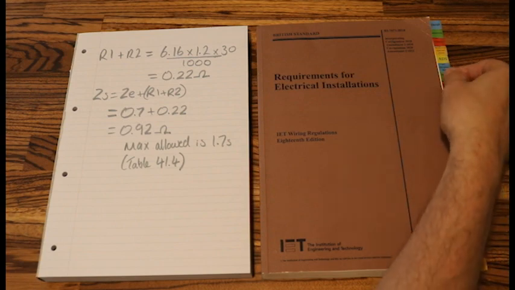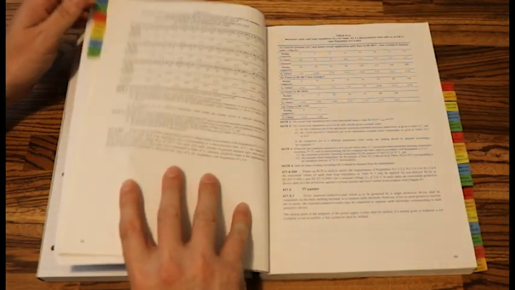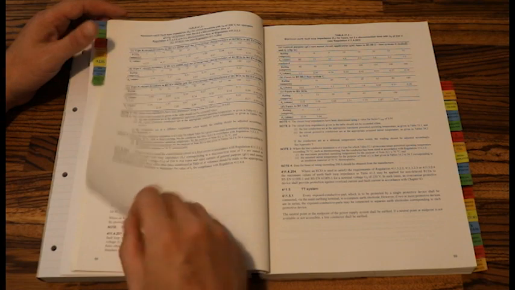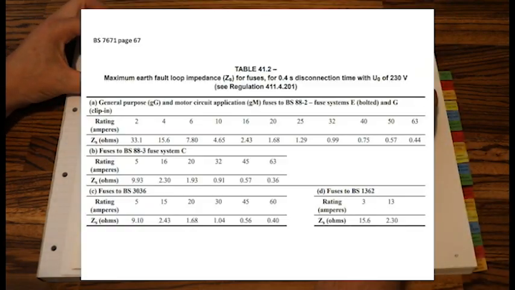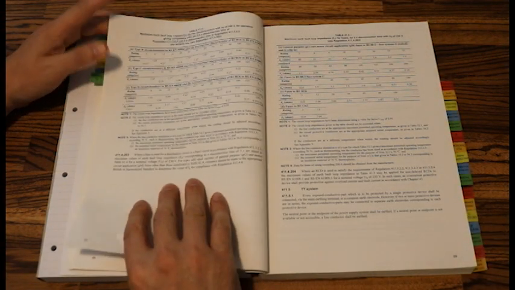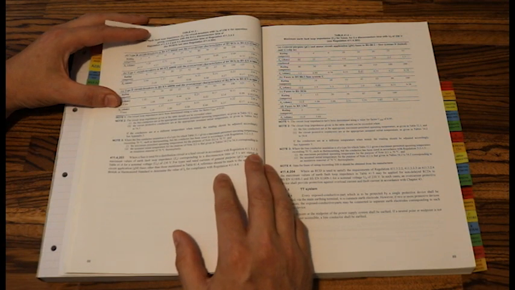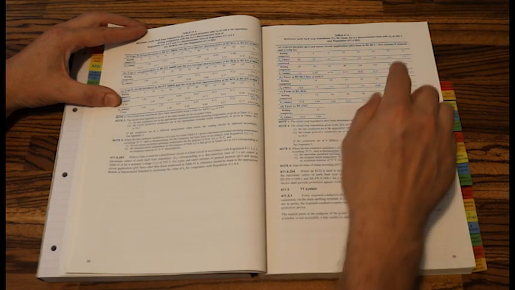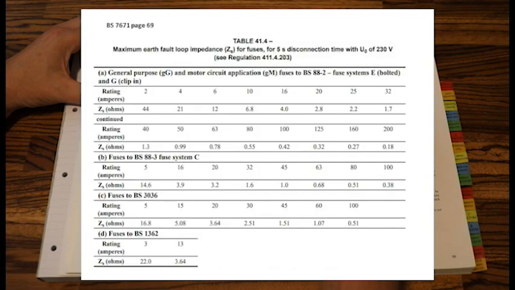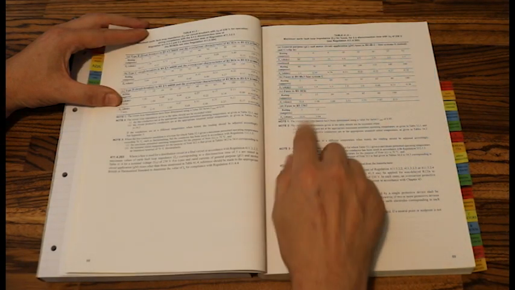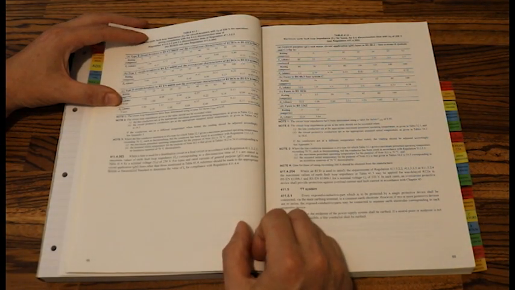We'll have another quick look at those tables. Which tables to use? Disconnection time of 0.4 seconds for final circuits will be this first table you come to. And for a distribution circuit or larger current drawing equipment that's over 32 amps, you will use this table 41.4 if your protective device is in the table, BS 88-2, 88-3, 3036.